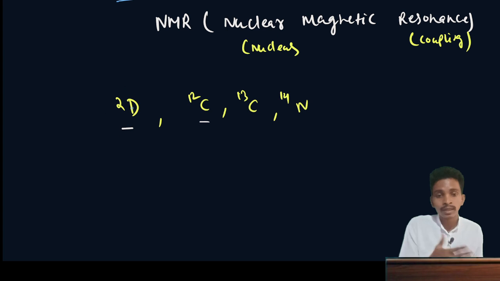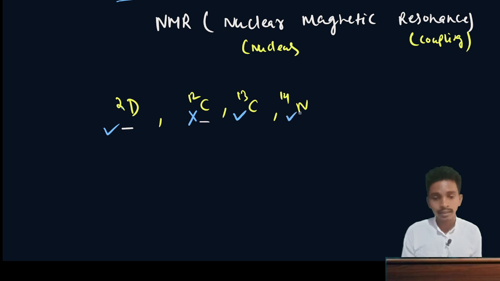Let's say deuterium, where the mass number is 2, and here the mass number is 12. We may notice that carbon 12 is NMR inactive, whereas carbon 13 is NMR active, and carbon 14 is also NMR inactive. So these are active and these are inactive, based on the nucleus.